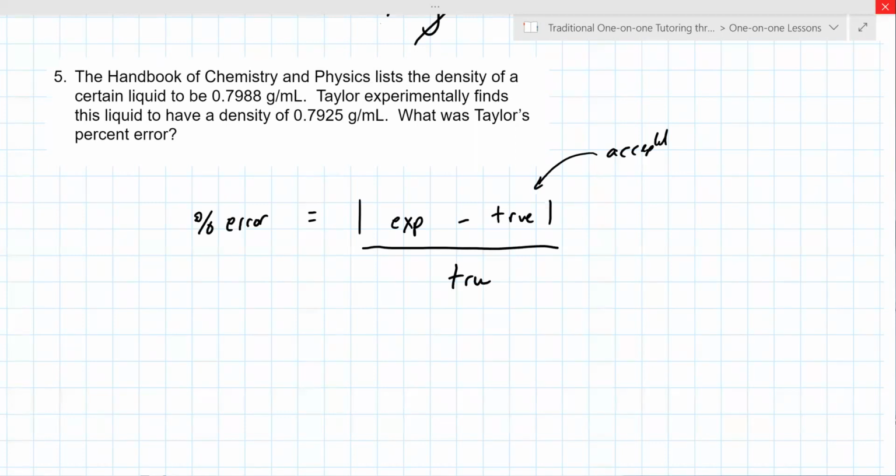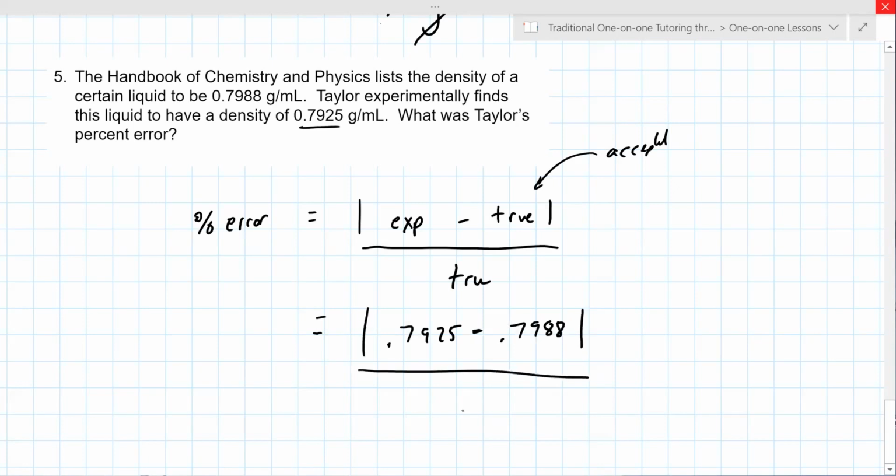Okay, so here the experimental value is 0.7925. And then the true value is 0.7988. Absolute value of that over 0.7988. So when you do this in your calculator, make sure you do the top part first. You can change the sign if it's negative, or you can just always make it positive.